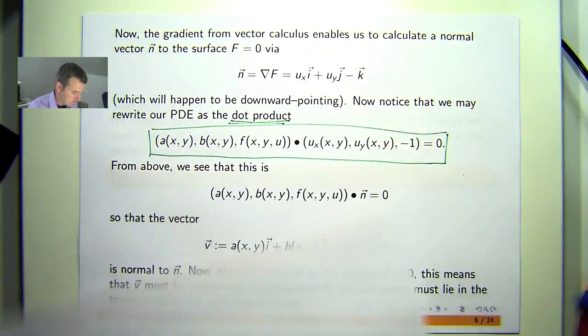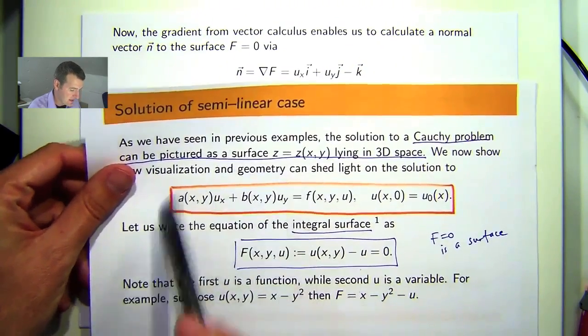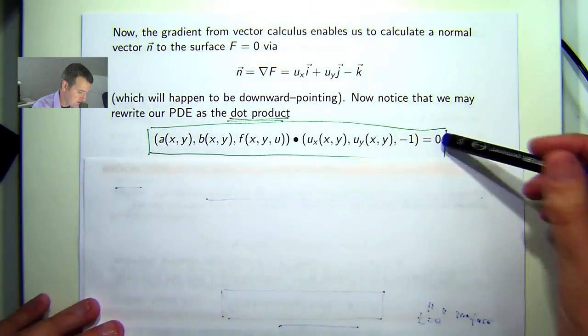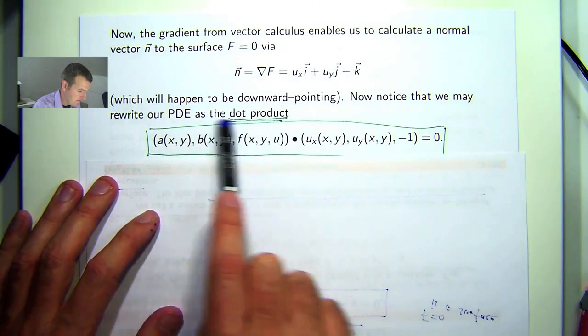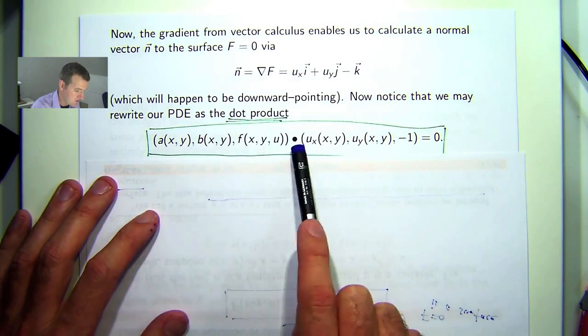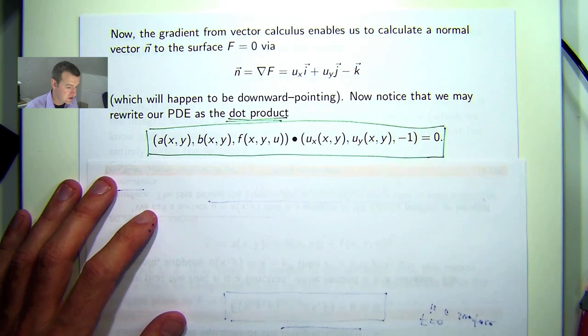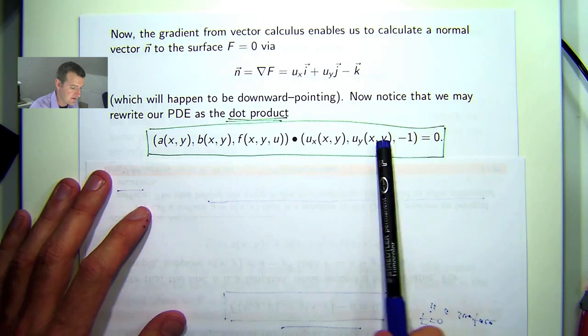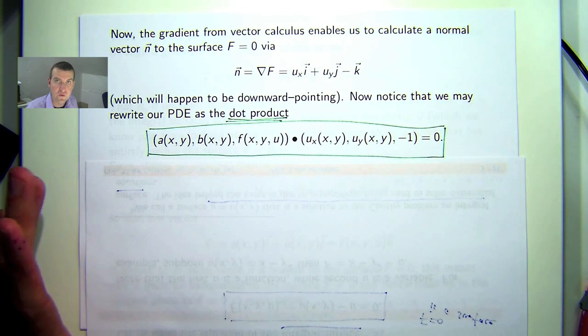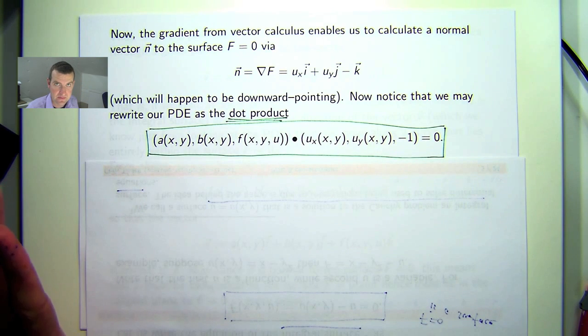Firstly, taking the F to the other side and factorising the left-hand side leaves 0 on the right-hand side. So you have a vector field over here dotted with this vector field over here is 0. So what can you say about these two vector fields then? Well, they've got to be normal or perpendicular, if you like, to each other at all points.